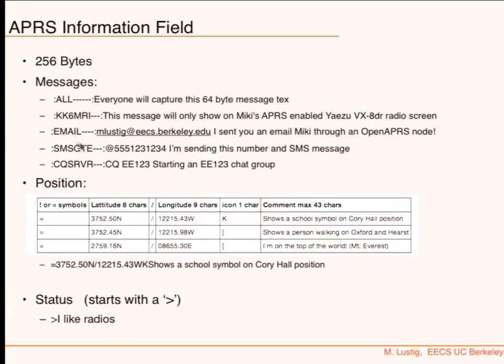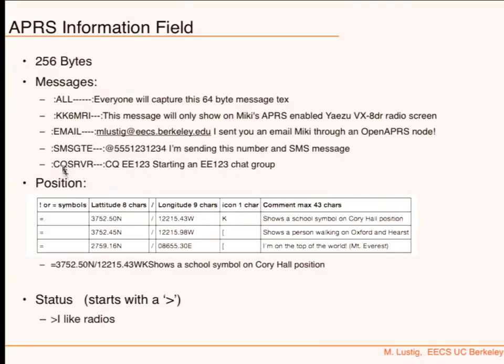Email: if you send to email and put the address and write the email, I'll get an email from OpenAPRS with your message within a few seconds after it aggregates to the internet. SMS gate with the number will send an SMS text message to that number. That works, right, Frank? Yeah, because he got a text message.